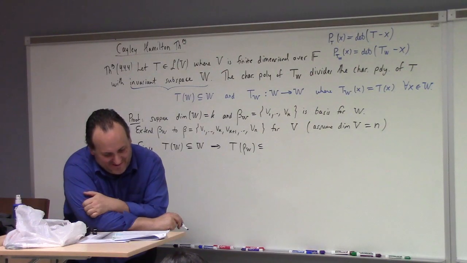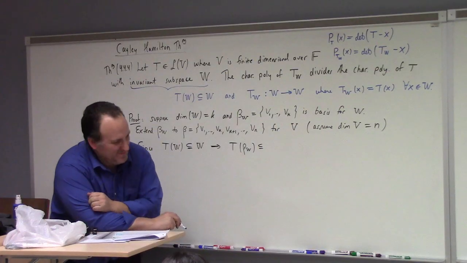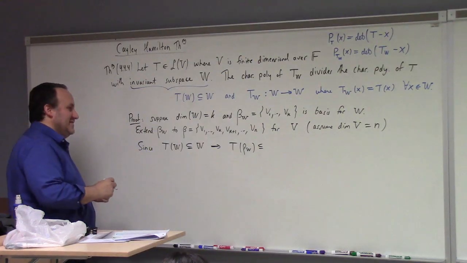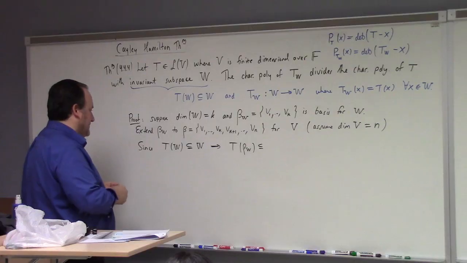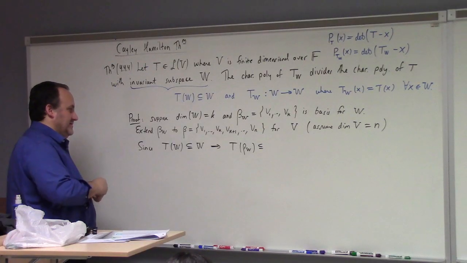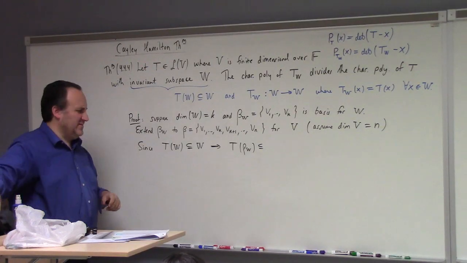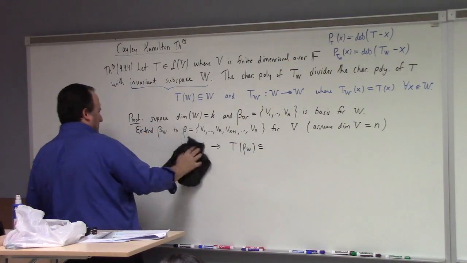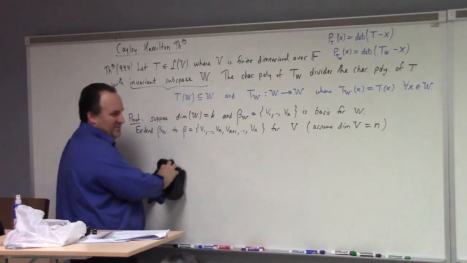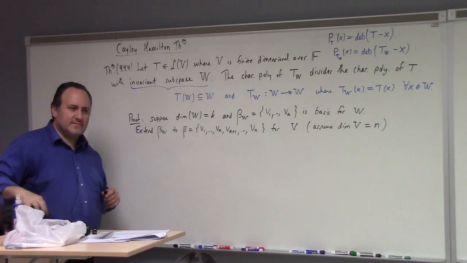That's just not the case. It doesn't have to be mapped to the same set. Who wrote these notes? Let's try this again. Let me erase this. I would have to have a span of beta W there, right?